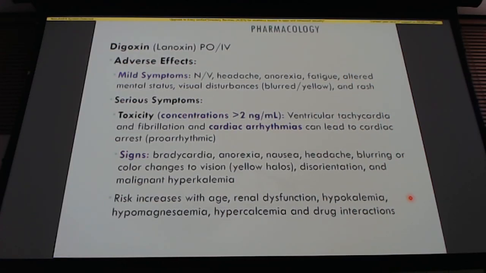And then the same things that we talked about before with our increased risk, right? We talked about our potassium and our magnesium. If those are low, we're worried about that. And then, of course, the older we get, if we have any issues with our renal function, which typically declines with age, that's where we're worried about accumulation. That's where we're worried about potentially being outside of that therapeutic window.